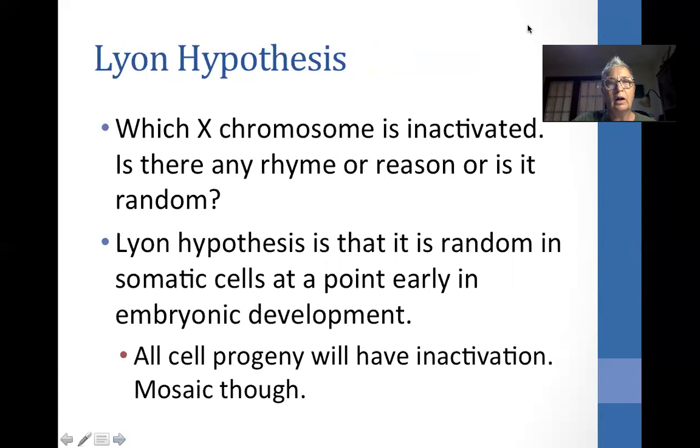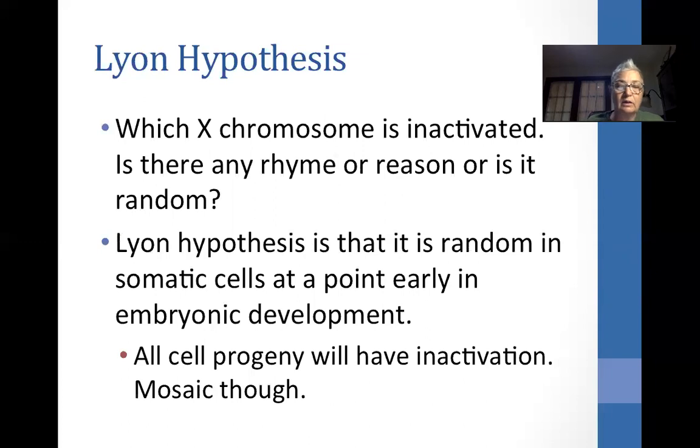So back to the line of the X chromosome inactivation, researchers were trying to figure out how we know what accounts for which X is inactivated or not. The Lyon hypothesis basically says that it's random and happens at some point early in embryonic development.